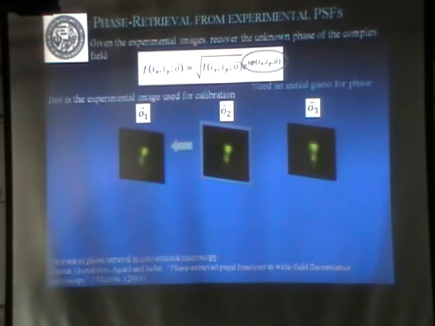What is the calibration? The calibration is, once you have the system in place, you take images of the point source as you go through focus. In principle, you want to have images every nanometer over a range of 2 microns. That gives you about 2,000 images.